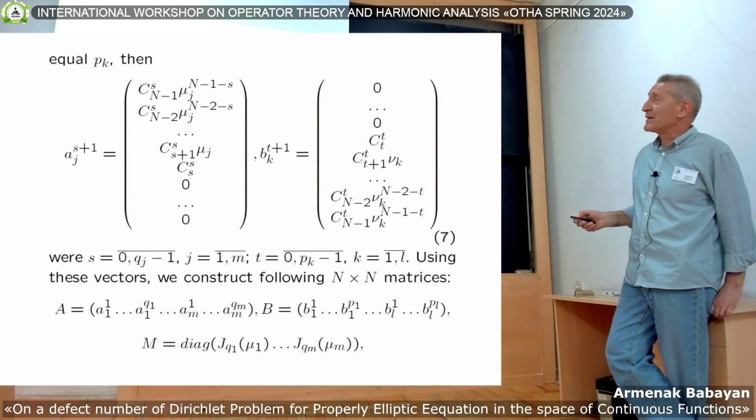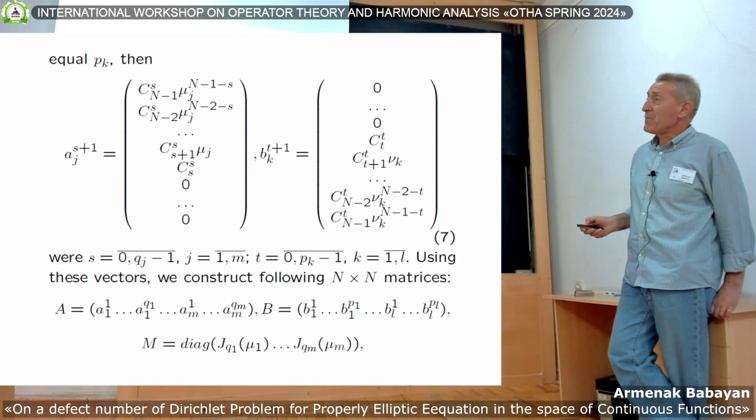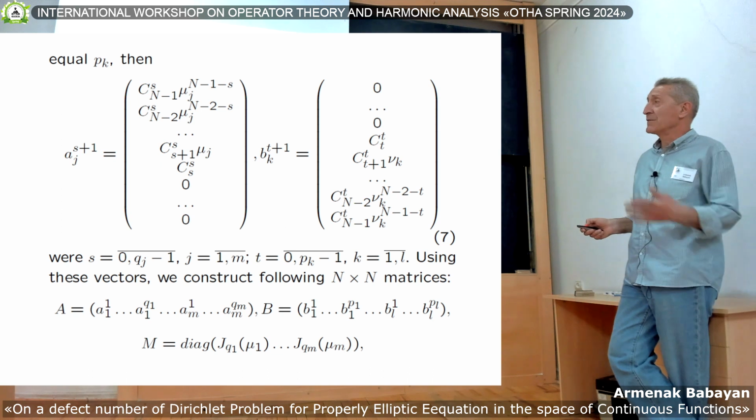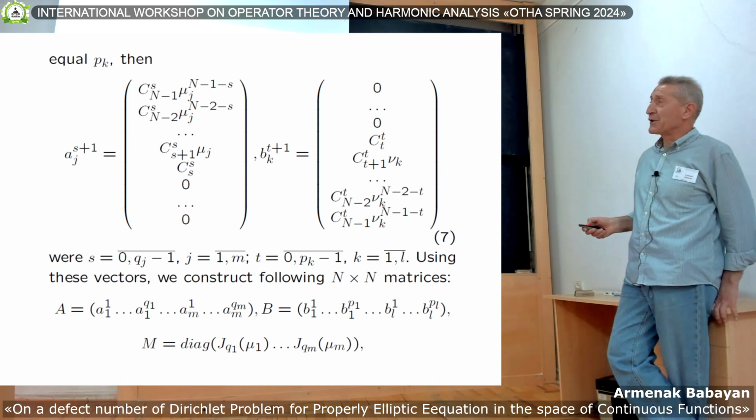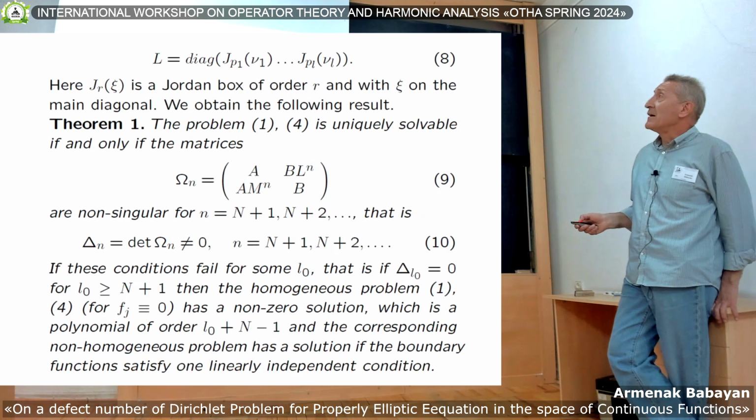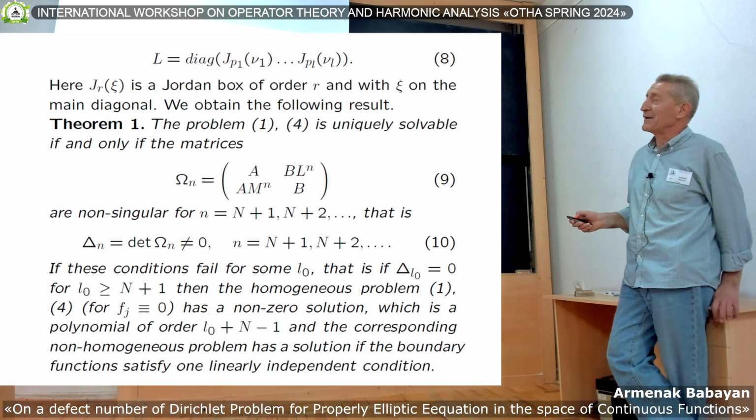Using these vectors, we construct n matrices, A from the A vectors and B from the B vectors. M is in Jordan form, so GQ1 mu1 is a Jordan block of this equation, and L has the same Jordan blocks with this one. Well, maybe I show. So, the theorem is the following, which is proved here.